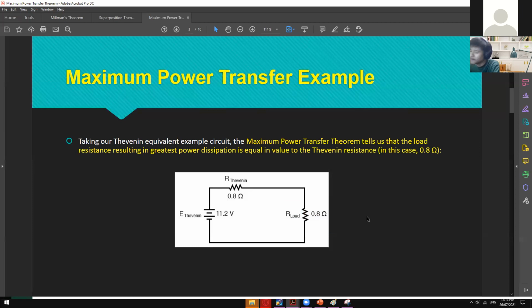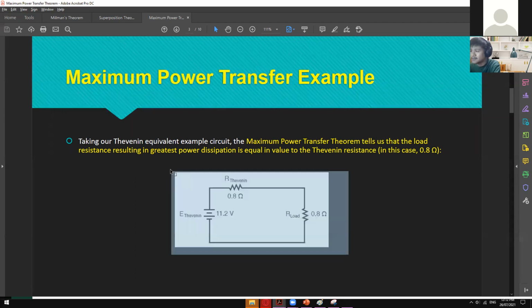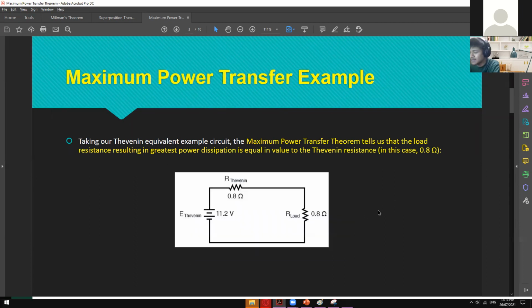Again, if you don't know how to come up with this kind of result, you won't be able to apply the maximum power transfer theorem at all. So you must master how to get these values first before you can jump in and apply this theorem. The one that we are going to solve in here is, where is it?